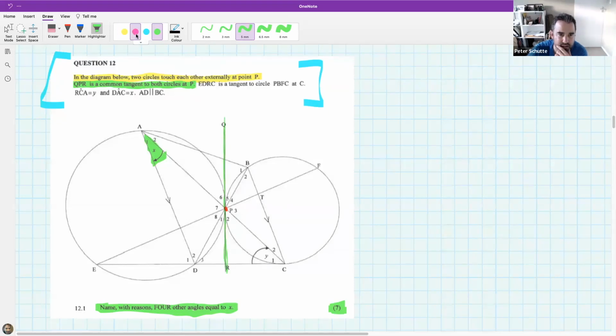It also says that EDRC is a tangent to the circle at C. So that's actually going to be this line over there. It says RCA equals Y. So let me just go and find that. Oh, here we go. RCA is down here. That's Y. And we already know that DAC is X. And then it says AD is parallel to BC.